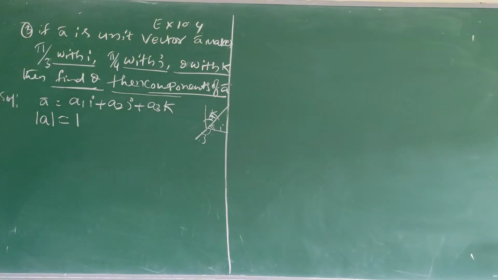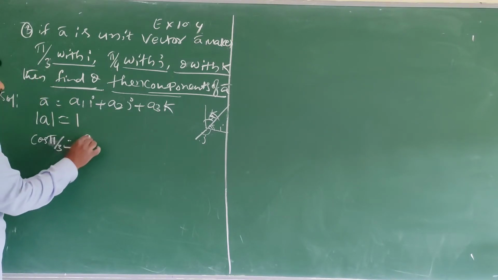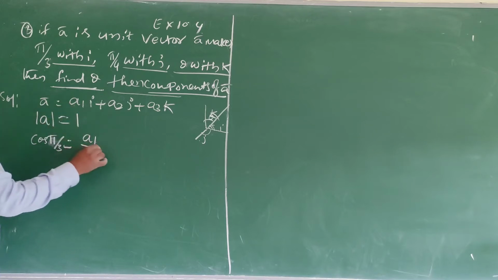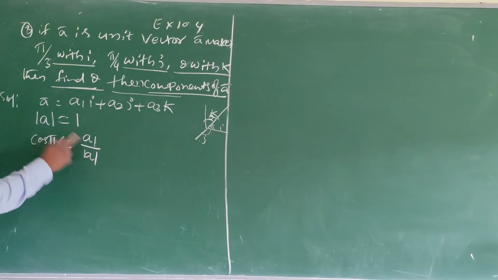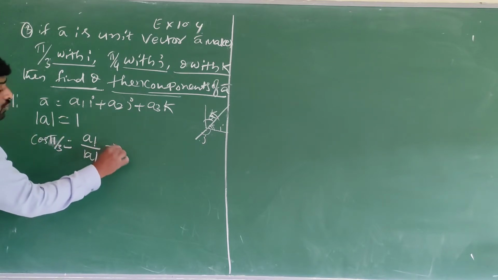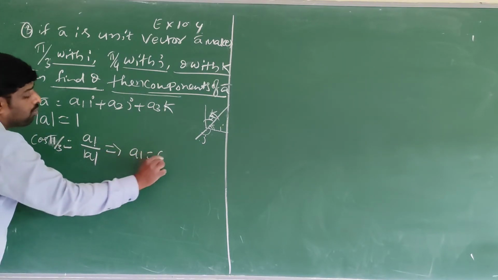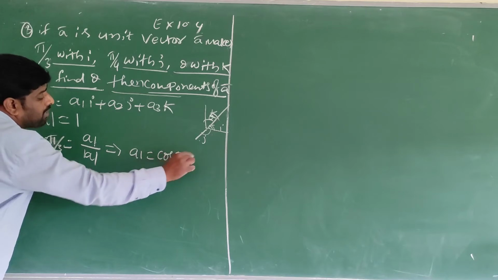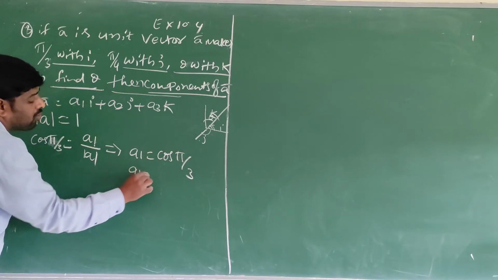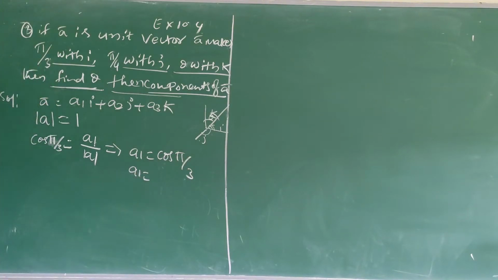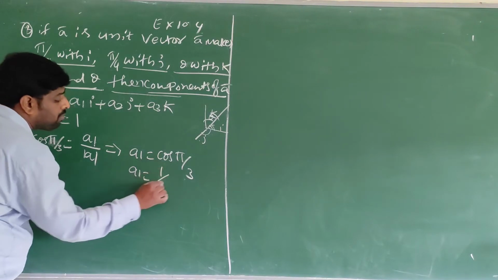Okay, now cos pi by 3 equal to A1 divided by the magnitude of A bar. The magnitude of A bar is 1. Therefore, A1 equal to cos pi by 3. Cos pi by 3 is 1 by 2.